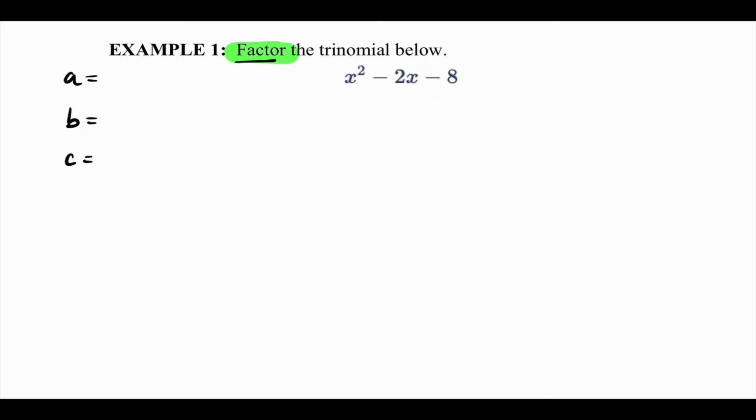By looking at this, what is A going to be equal to? Positive 1, right? The number in front of x squared. B, negative 2. C, negative 8, right? A, B, and C. That's step 2.